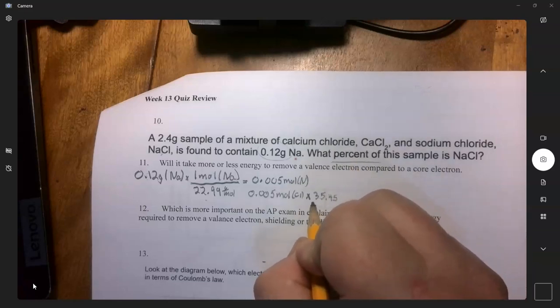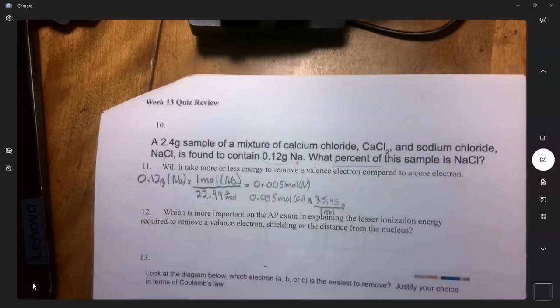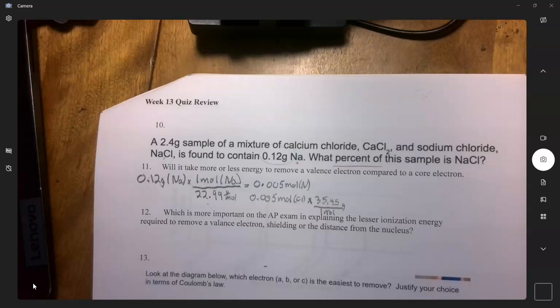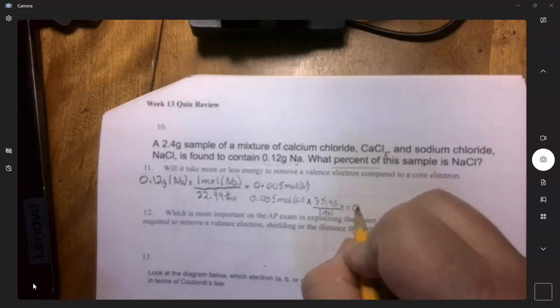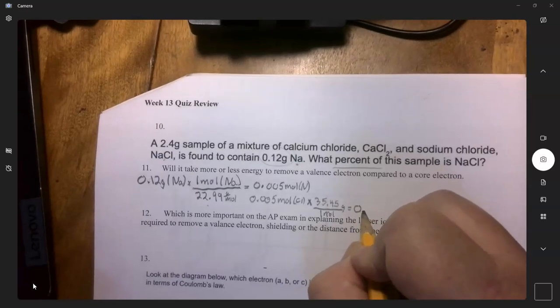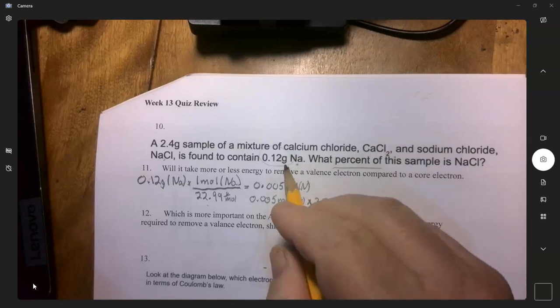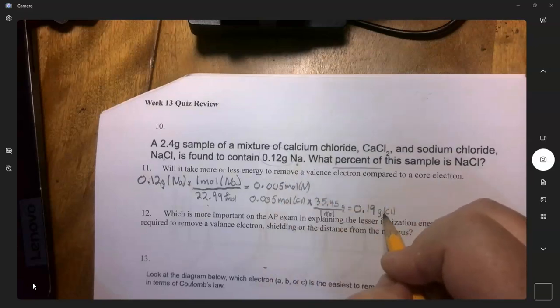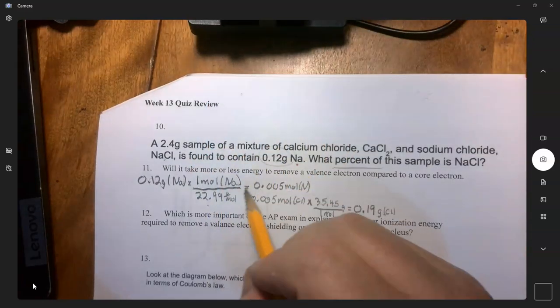Okay, and that's over 1 mole of chlorine, and that's going to equal 0.185, I'll call it 0.19. And I don't want to go too many places, and that's grams of Cl. So now we know our grams of Na and our grams of Cl. So we're going to add those together to get the grams of NaCl.